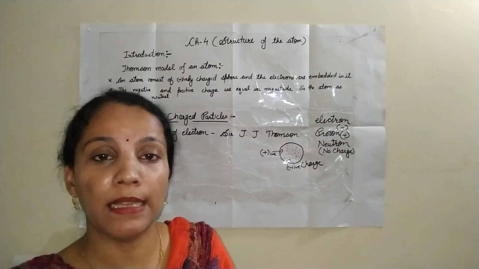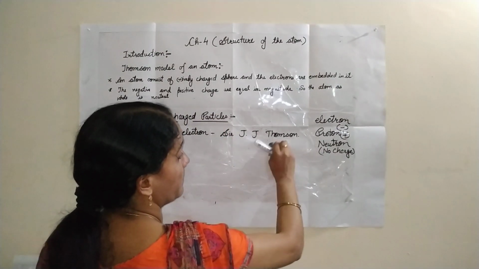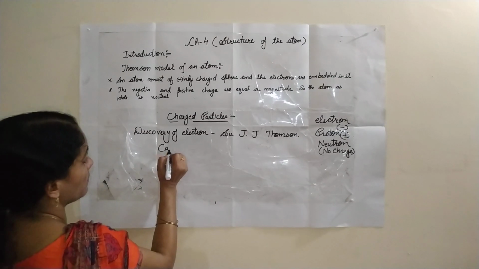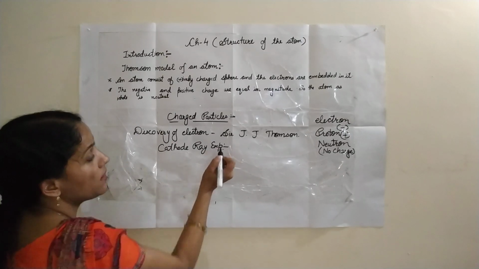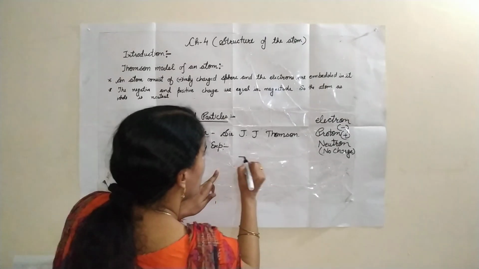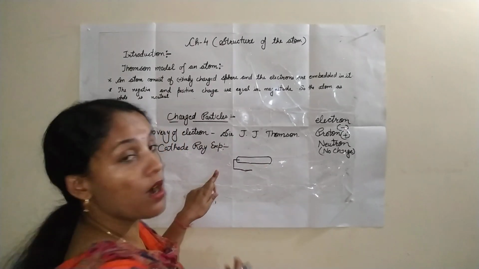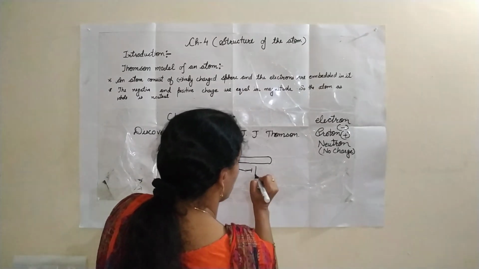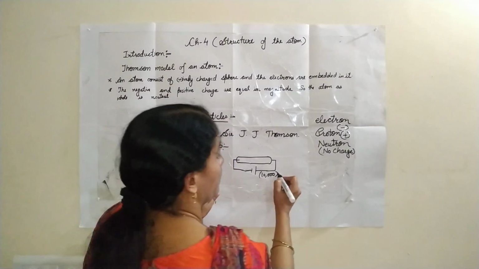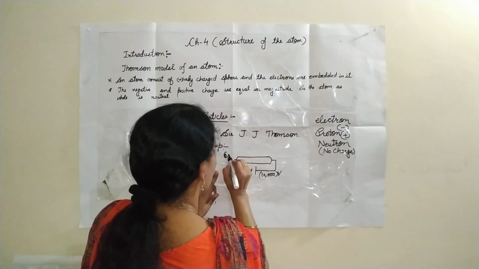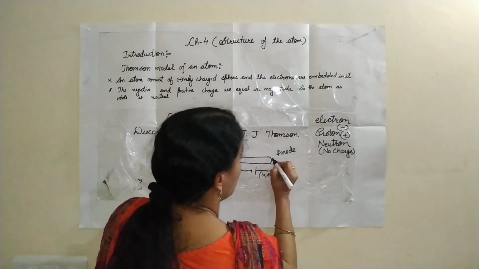One more experiment he has given there, that is the cathode ray experiment. In this experiment, he is taking a glass tube and attaching that with a high voltage battery of about 10,000 volts, and this is the cathode and this electrode is the anode.